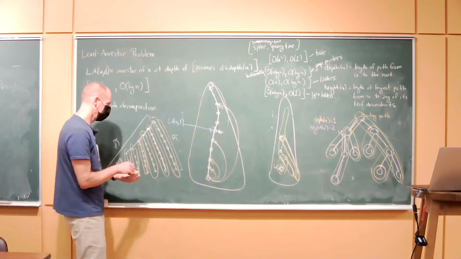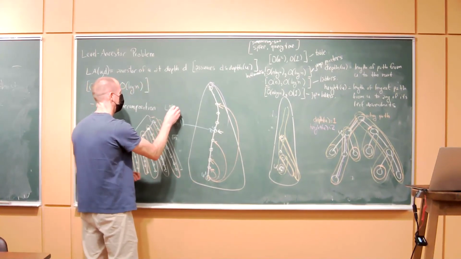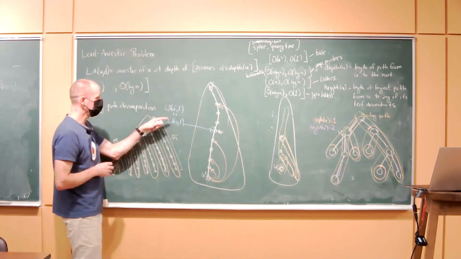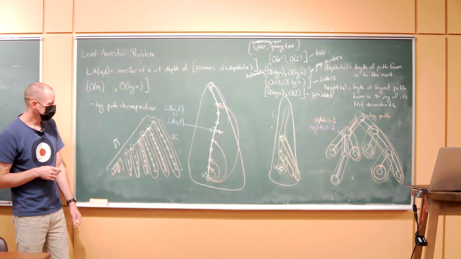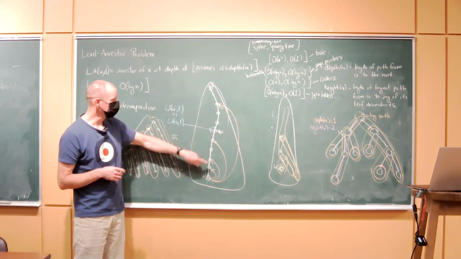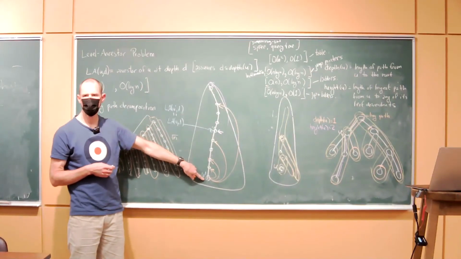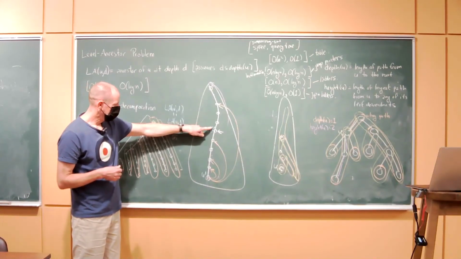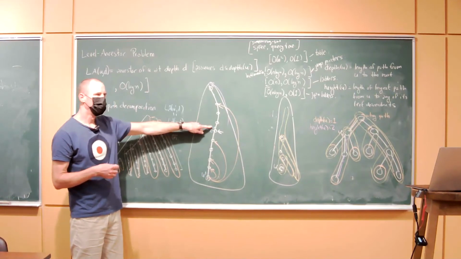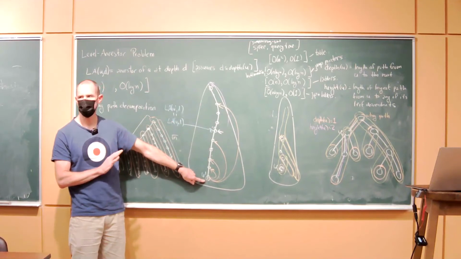Call this thing U prime. These two things are the same. What's the relationship between U and U prime? Well, U prime is a descendant of U. So if you ask me a question about U, it's good enough if I can answer that question about any one of its descendants. Does that make sense?